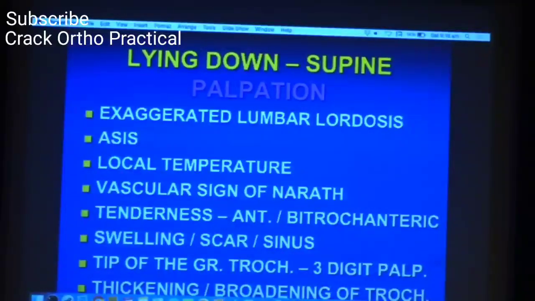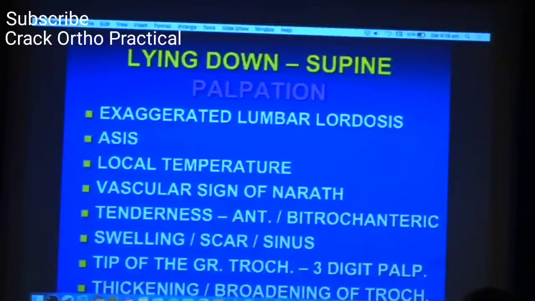That is why this point has been selected to look for tenderness. Then we have another maneuver called the bitrochanteric compression test, where you put your hands on both the trochanters sideways and do a compression maneuver. If the patient winces, then this is indirect evidence that the hip joint is tender.